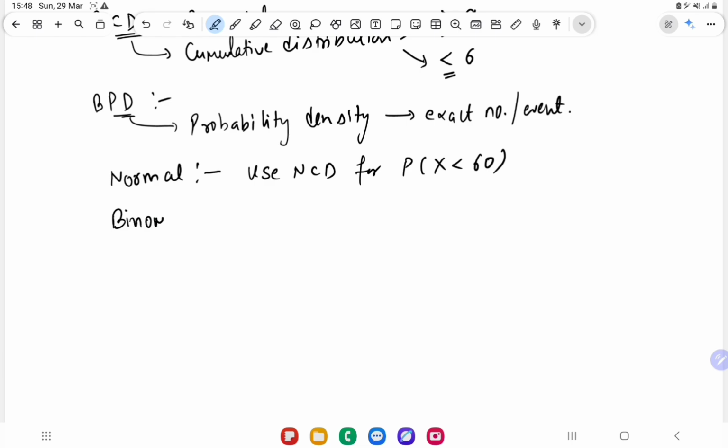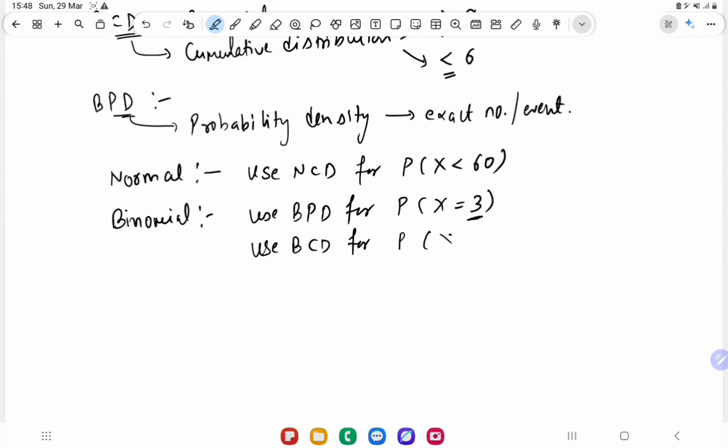Whereas for binomial, I will use BPD when I have to calculate the probability for exact x equals some number, let's say here we have 3, and I will use BCD for probability of x less than or equal to 3.